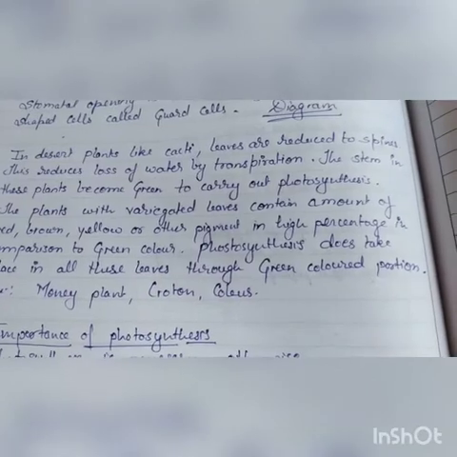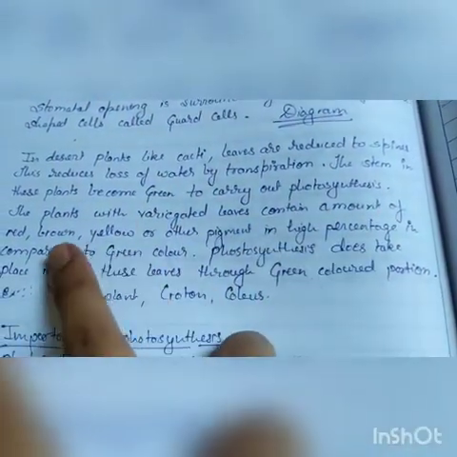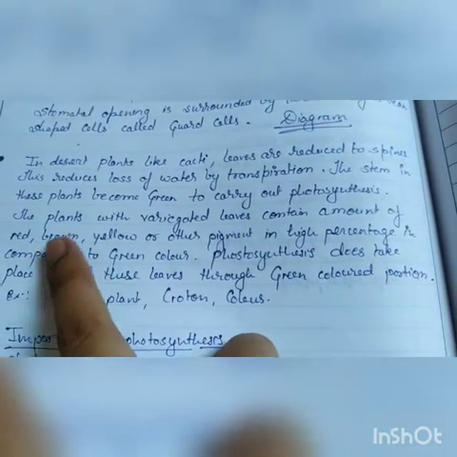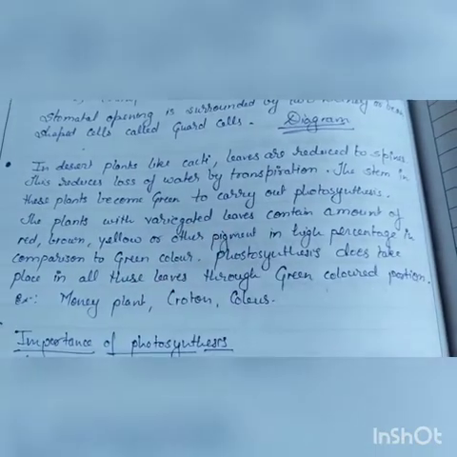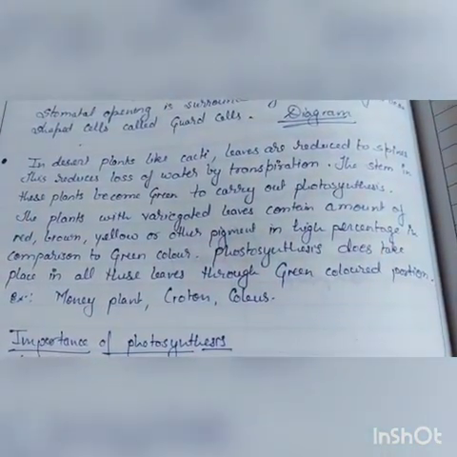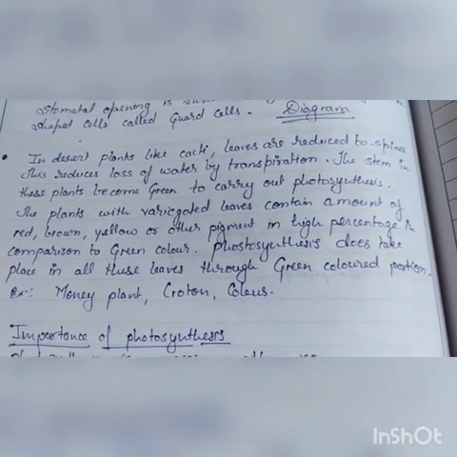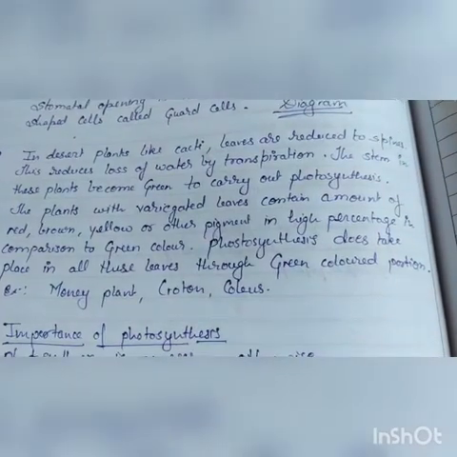with variegated leaves. The plants with variegated leaves contain a large amount of other pigment, whether it be red, brown, yellow, violet or any other, because you have seen some plants having different colored leaves. It doesn't mean they don't have green color.